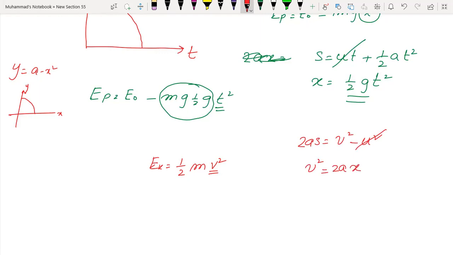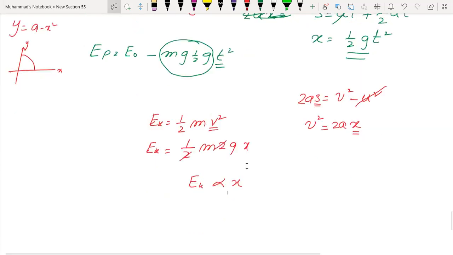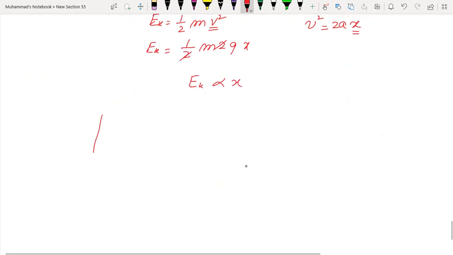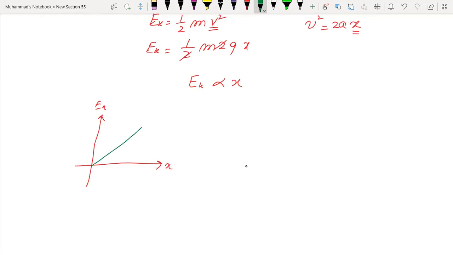This distance s is x. So kinetic energy is half m 2gx. So kinetic energy would linearly increase with x. So the graph of kinetic energy versus x would be a linear relation, a straight line.